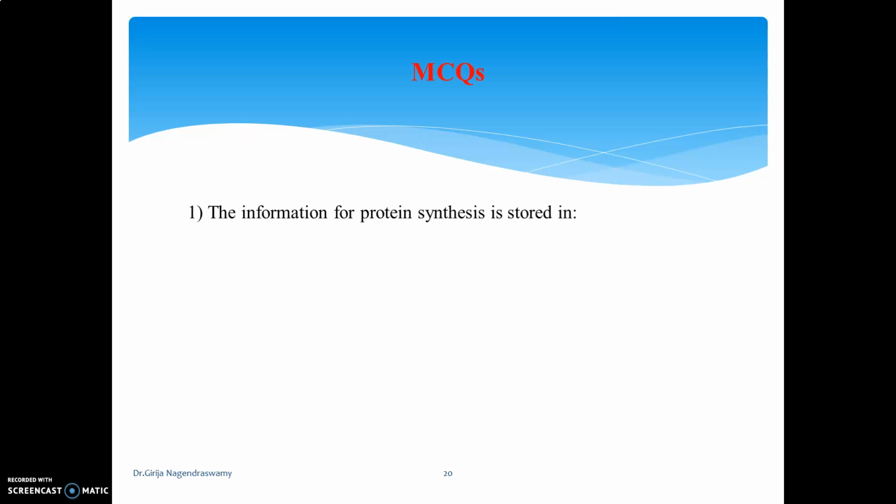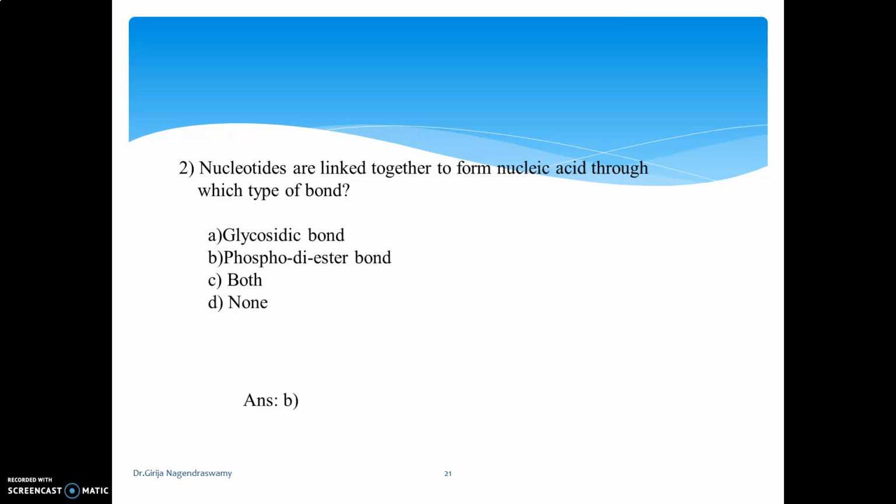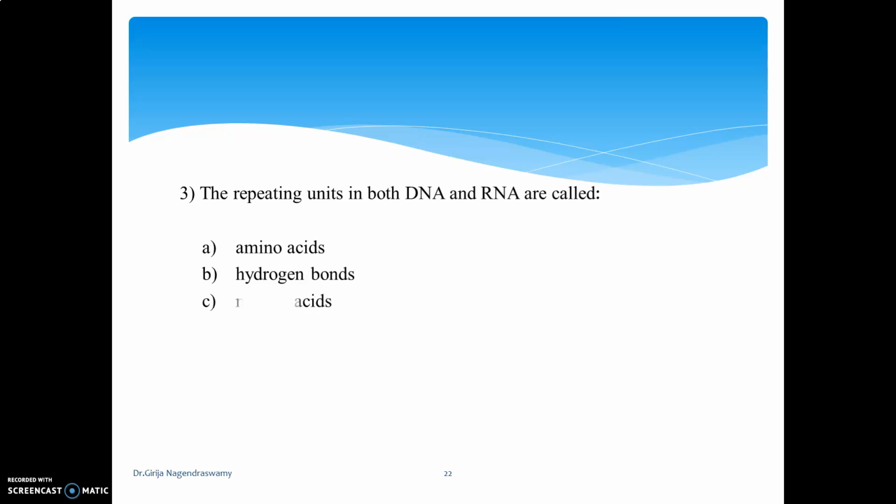MCQs. The first question is, the information for protein synthesis is stored in? Nucleic acids. Second is, nucleotides are linked together to form nucleic acid through which type of bond? That is phosphodiester bond. Third question is, the repeating units in both DNA and RNA are called?